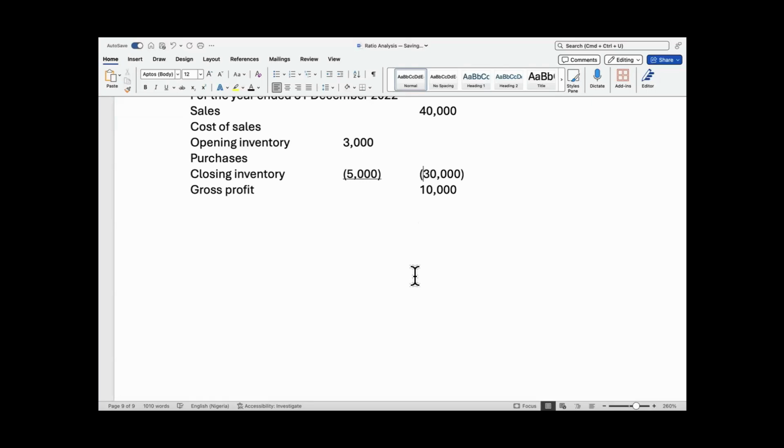So, can you get me our purchases? Can you get the purchases? That's the opening inventory plus purchases and exclusive again plus the cost of sale. How much is that?